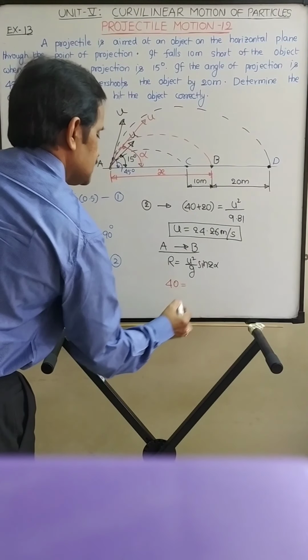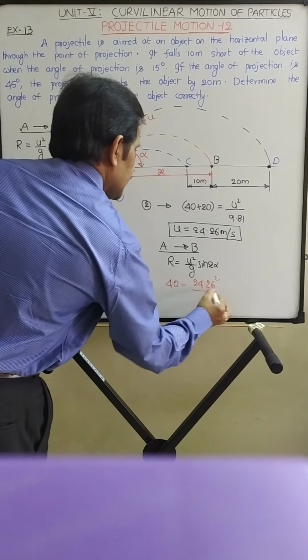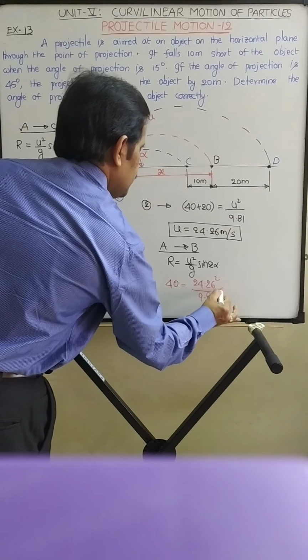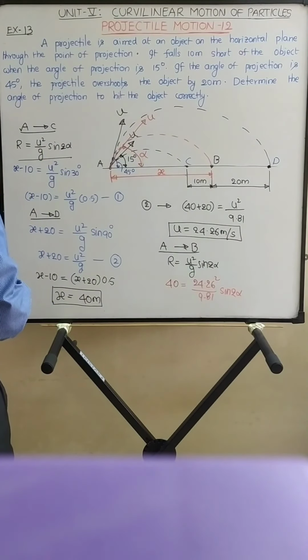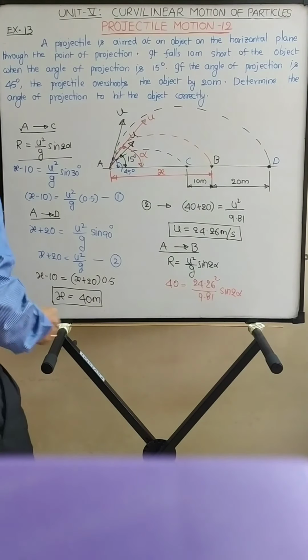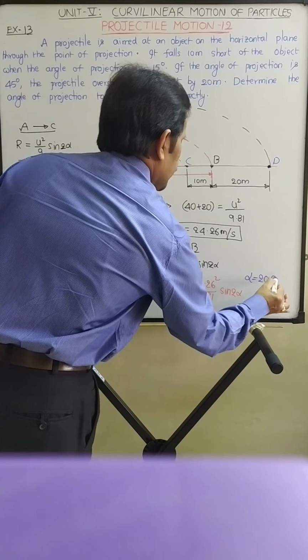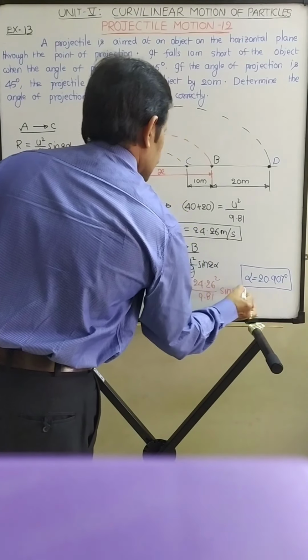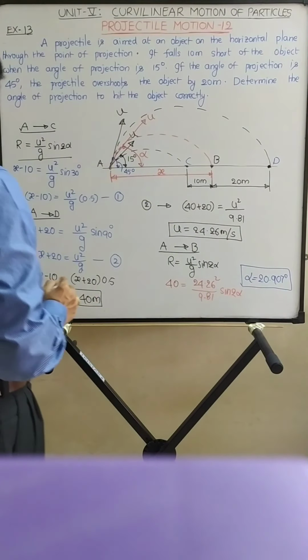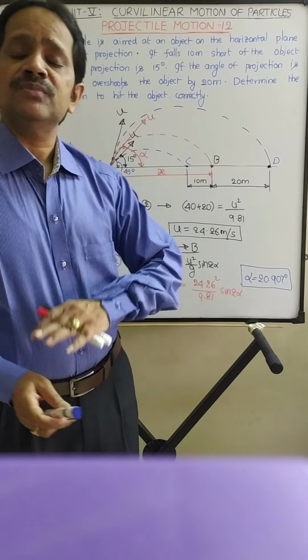So 40 is equal to 24.26 square upon 9.81 sine 2 alpha. So solving this equation, you will get alpha is equal to 20.907 degrees. So it is the correct value of the angle of projection, so that you can hit the target.